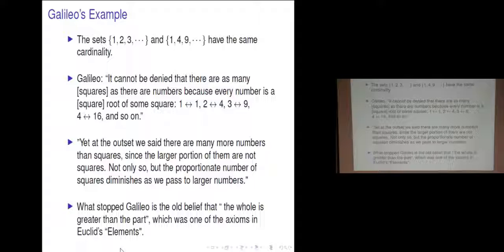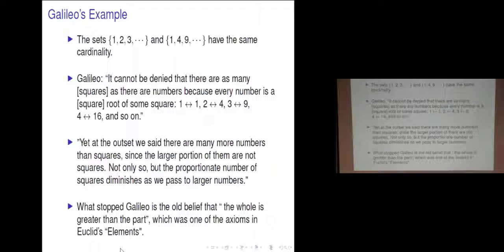If one angle is part of the other angle, then the part is less than the whole. So this is another common sense, a natural idea. Now these two ideas are contradictory to each other. So which one should we give up? Galileo gave up the first one. He gave up the concept of infinity.